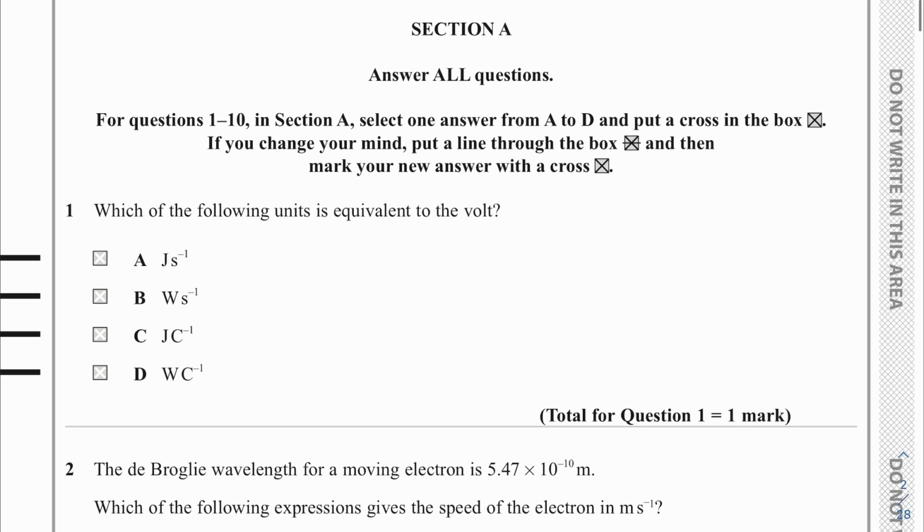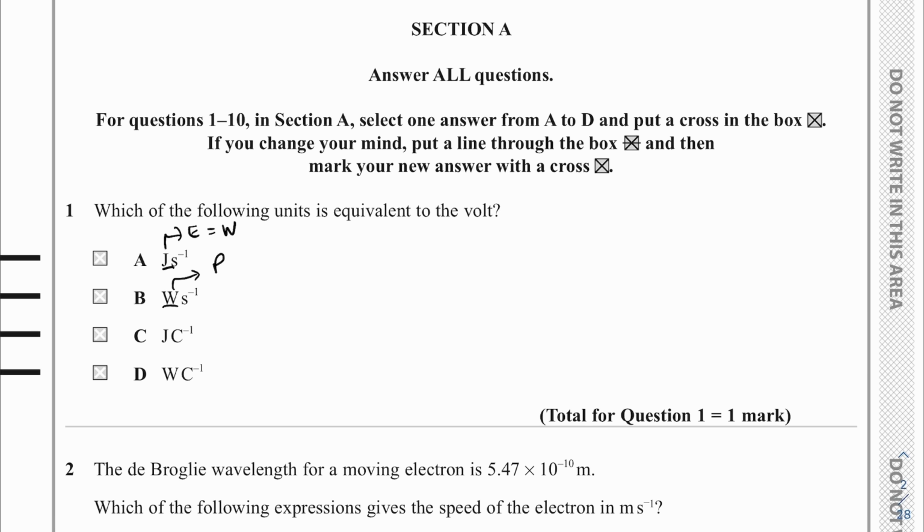So we have question number 1. Which of the following units is equivalent to the volt? So what equations are relevant to the volt? J for energy, or also known as W. W is also known as the unit for power.